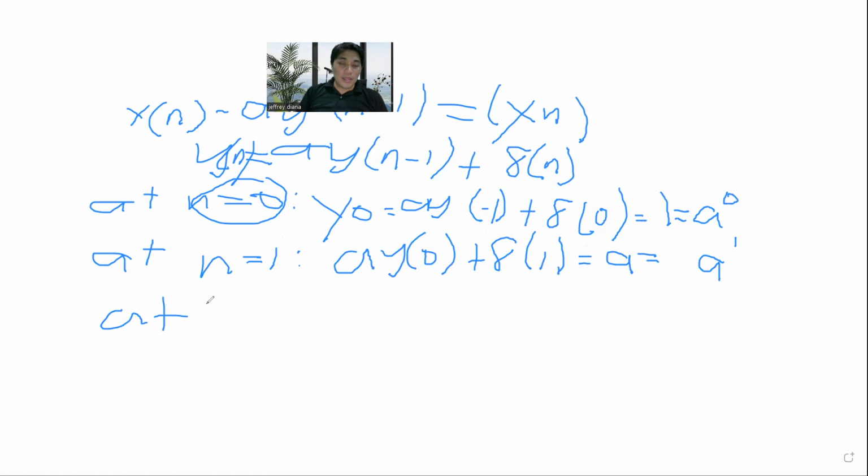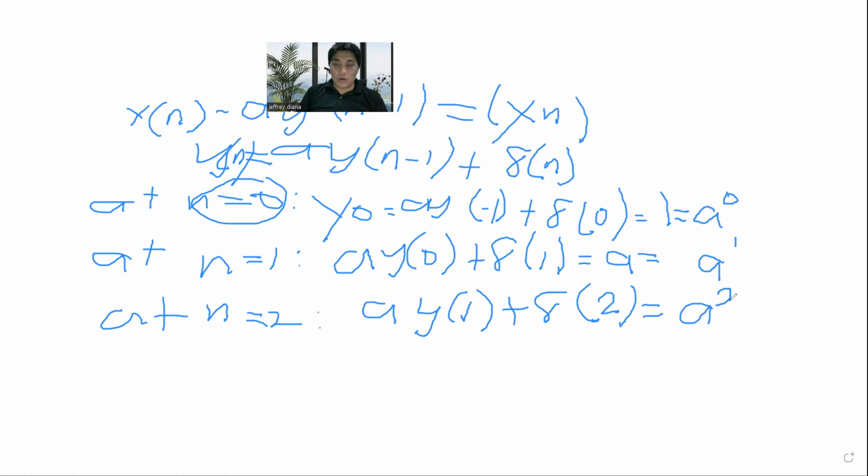For n equal to 2, a times y[1] plus delta[2] equals a to the power of 2.